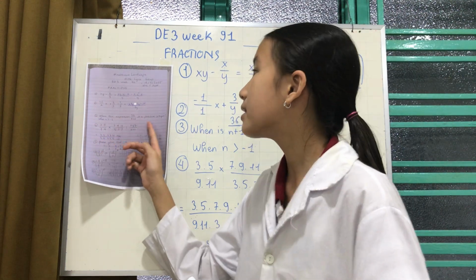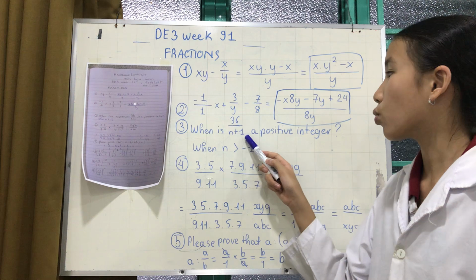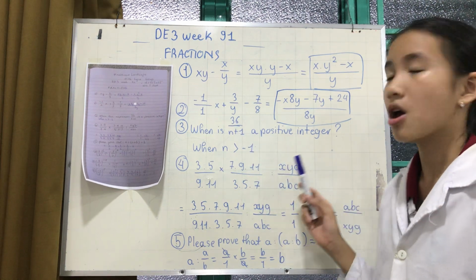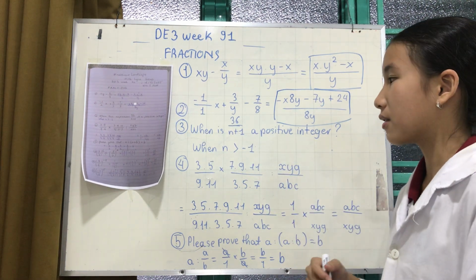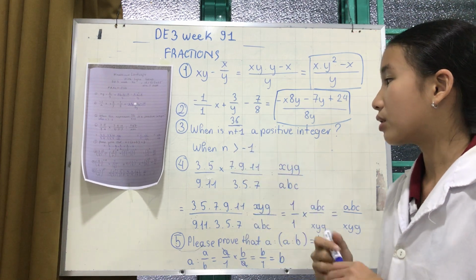Next is, when is this expression 36 over n plus 1 a positive integer? Well, when that is a positive integer is when n is larger than negative 1.